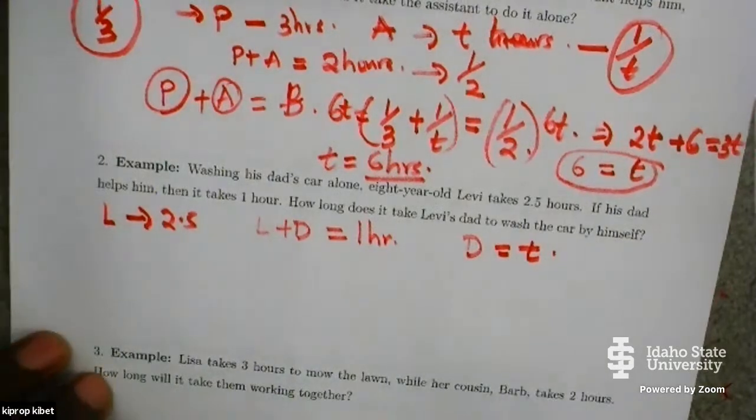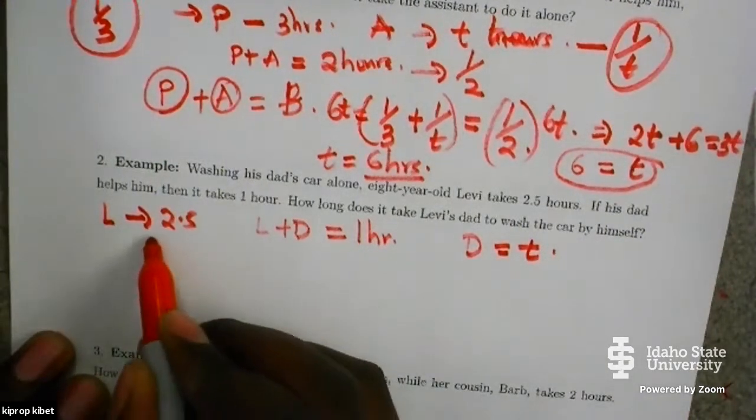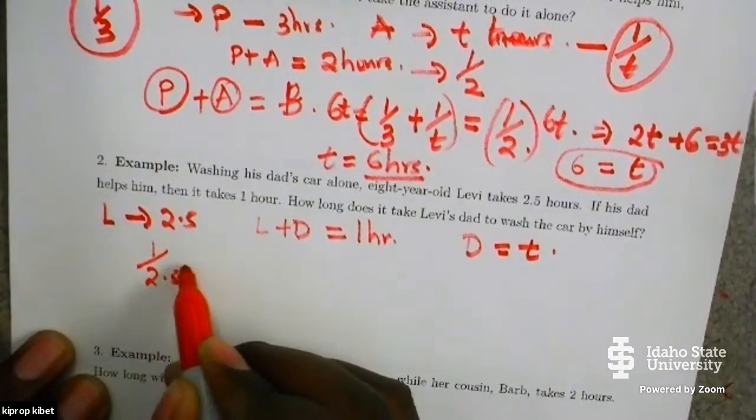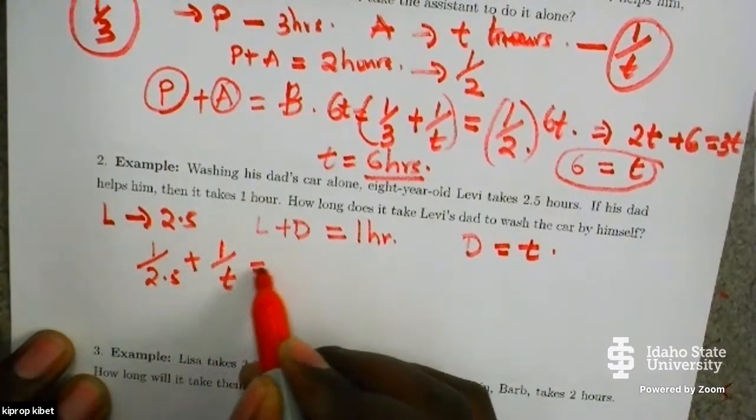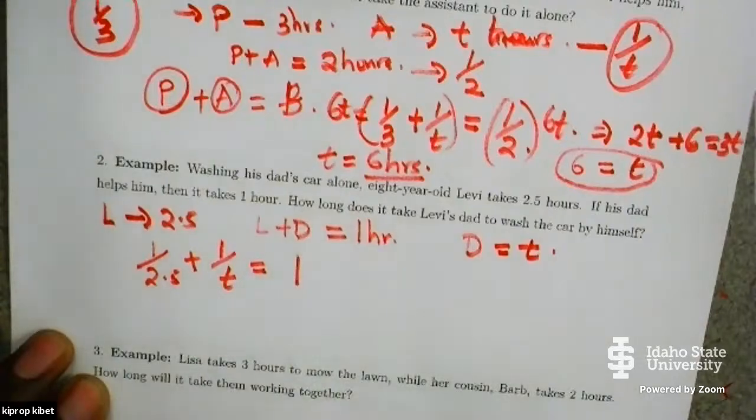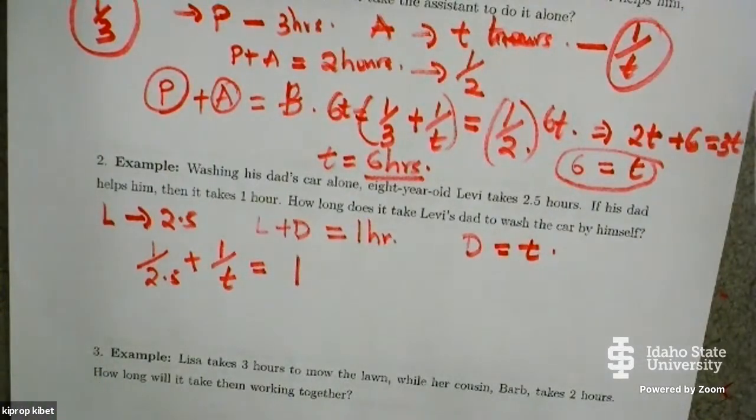So we say now 1 all over 2.5 plus 1 all over t equals 1, because this one is 1 over 1, which they both will take to clean.